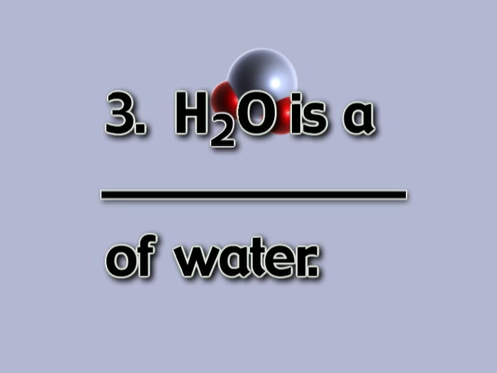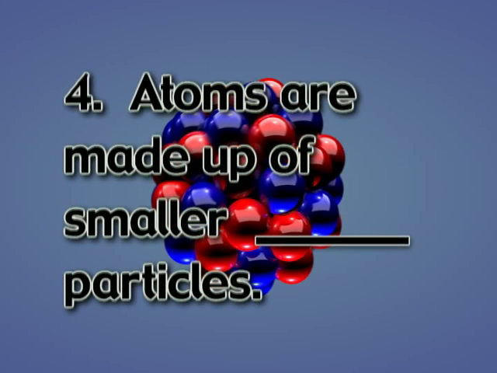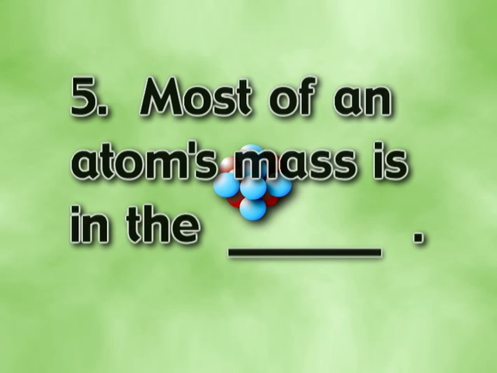H2O is a blank of water. Number 4. Atoms are made up of smaller particles. Number 5. Most of an atom's mass is in the blank.